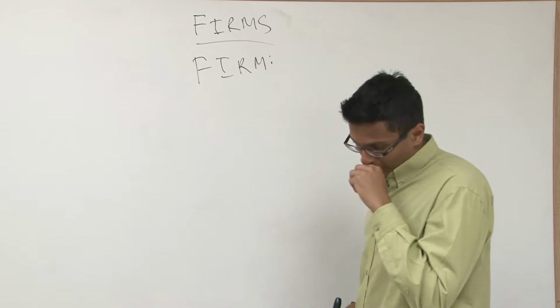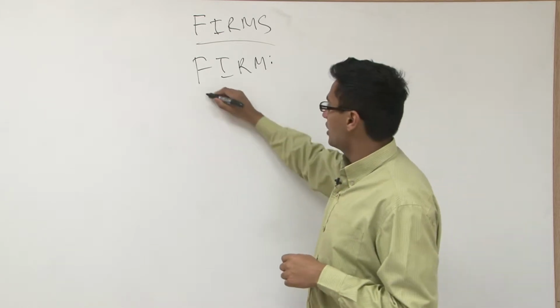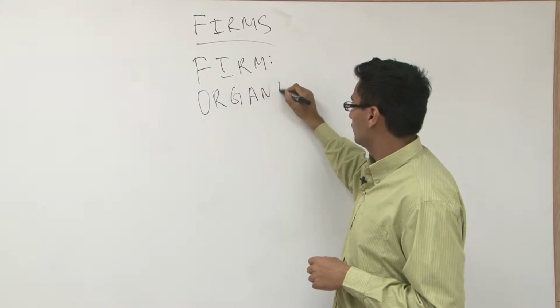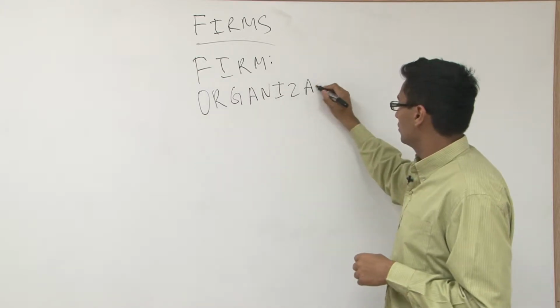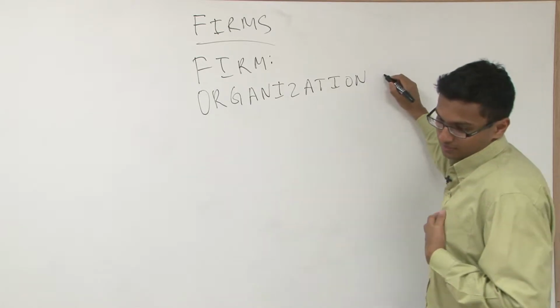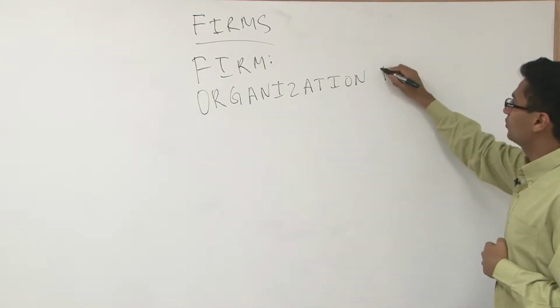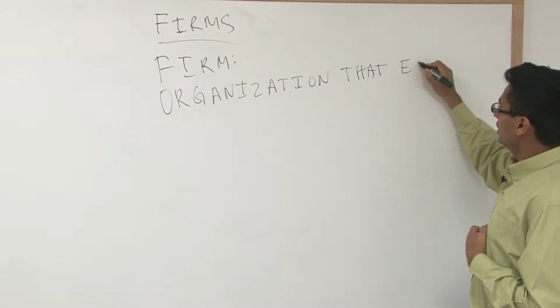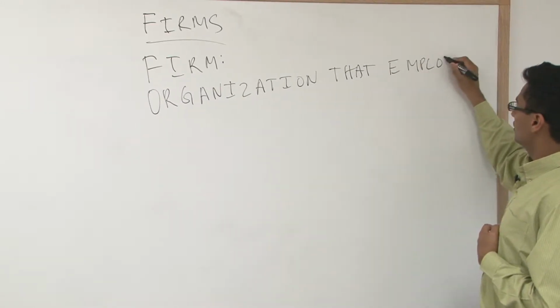A firm is defined as the following. It's an organization that employs factors of production, and I hope you remember what those are.